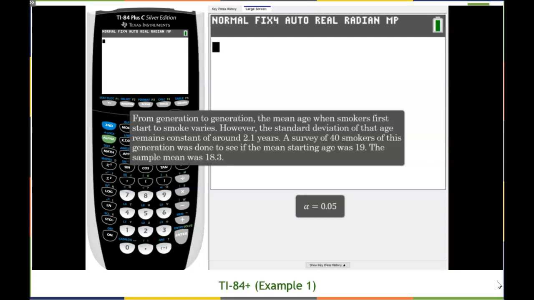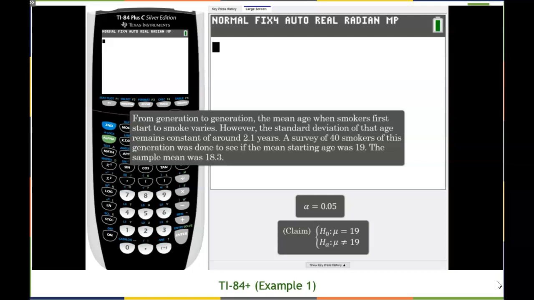Now let's figure out what our H0 and H alternative is. A survey of 40 smokers of this generation was done to see if the mean starting age was 19. Is means equal. So this claim is an H0. Our mu equals 19. So H0 is mu equals 19. Our H alternative, HA, is going to be mu does not equal 19.